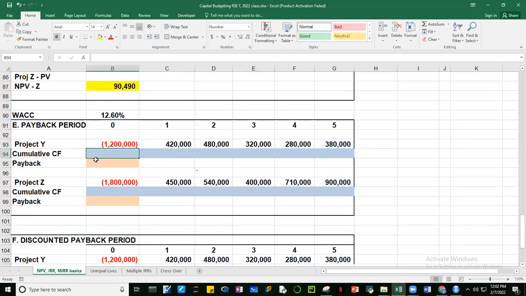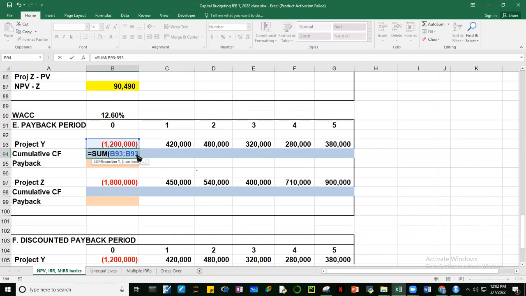So ang gagawin natin dyan, i-cumulate natin yung cash flows natin. So how do we cumulate? We sum. Sum natin itong cash flow natin, here. And then we press shift, then colon. Kasi we're going to copy this.